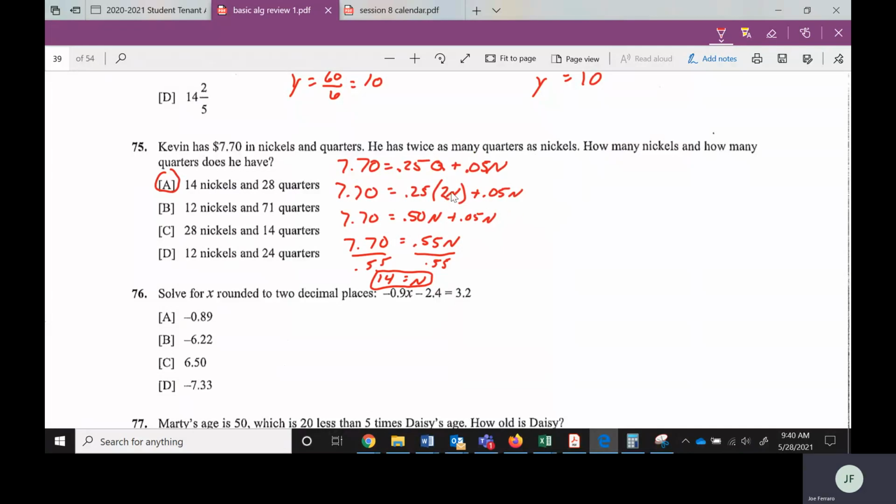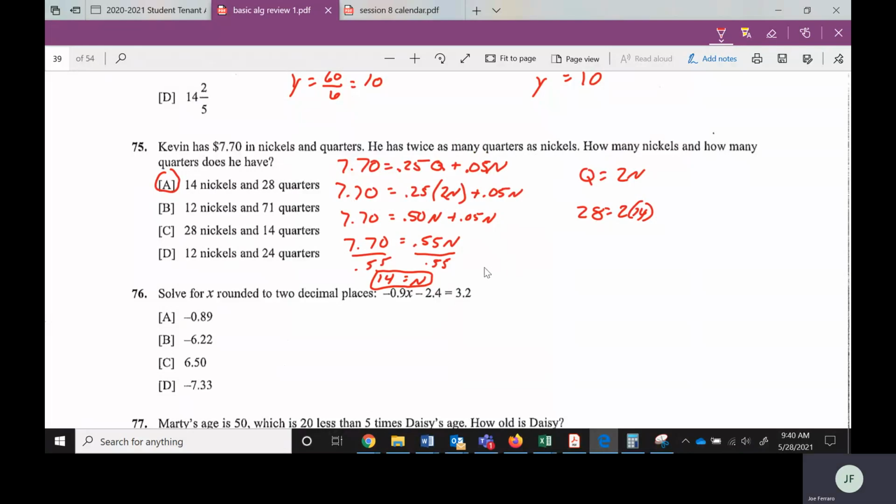So which was right here, 2n. So if there's 14 nickels, 2 times 14 means there's 28 quarters. And there we go.